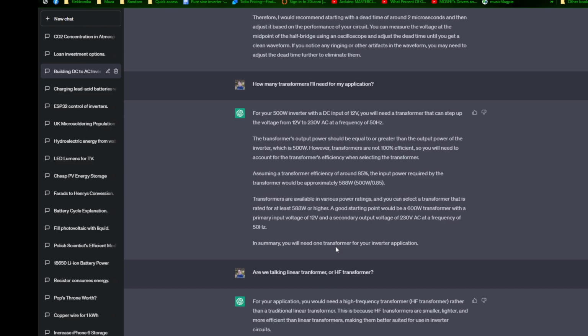Yes, it's just a different topology, or they made it cheaper this way. I don't know. Maybe they had a good promotion on some transformers and they said, hey, we've got so many of those transformers, let's build inverters. So there might be a variety of reasons, but it's a good thing that it's telling about the 600 watt transformer just to have this extra space.